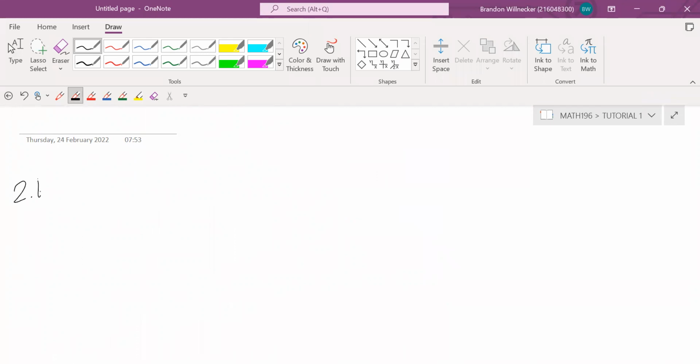So 2.1, we're given a double derivative and we are asked what is the original function. So here we have f double prime of x is equal to 20x cubed minus 12x squared plus 6x.